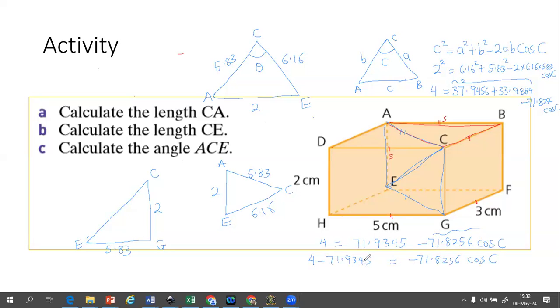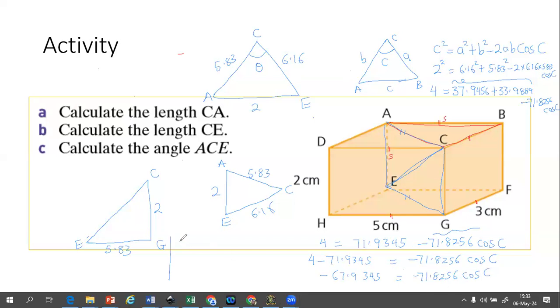So that's the first thing you do. You take the 71 this side first, such that you don't get tempted. So when you subtract 4 minus that, I hope people are getting negative 67.9345. Is that fine? Cosine of C. So when you reach this point, you divide throughout by negative 71.8256.